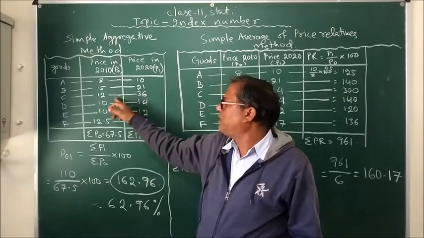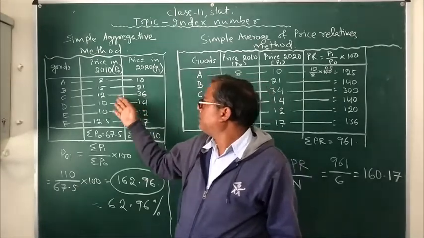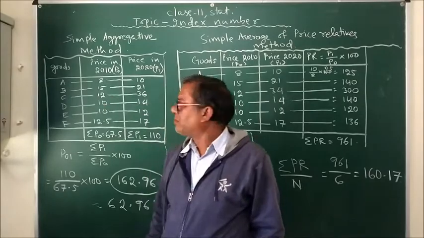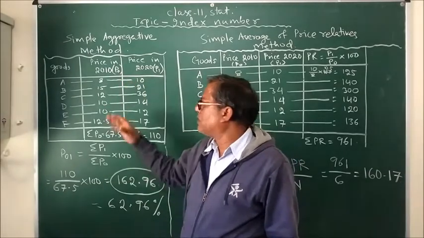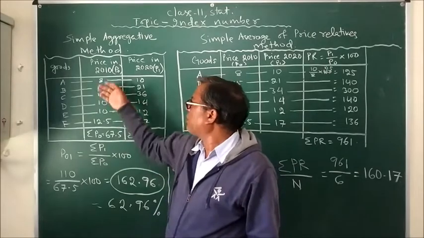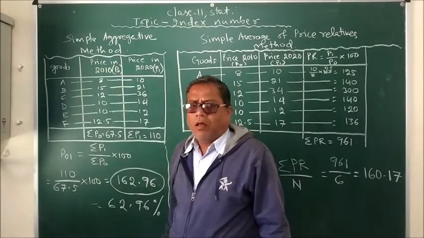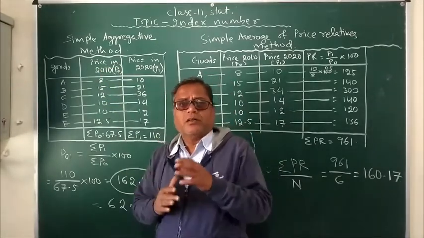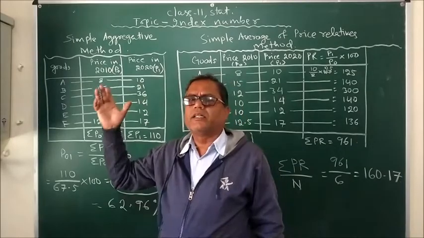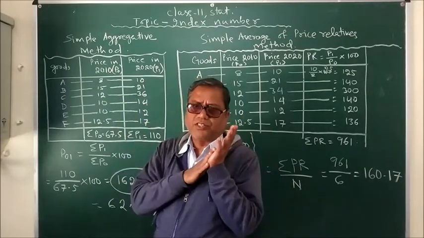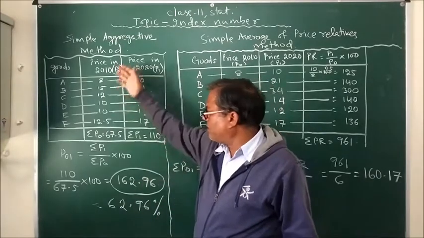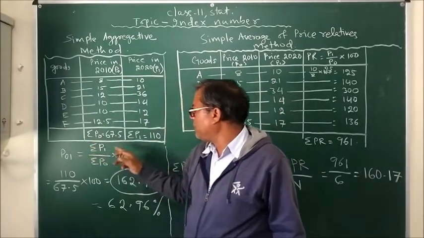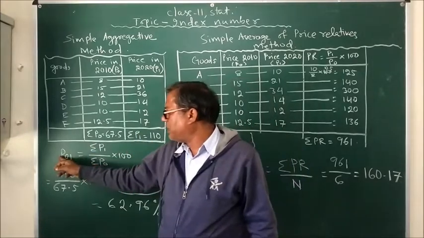So the changes are not uniform. Hence, in the construction of an index number, when all are added, the lower degree of change and the higher degree of change get balanced. That is what we do, and we need to find summation P0 and summation P1 to get P01.